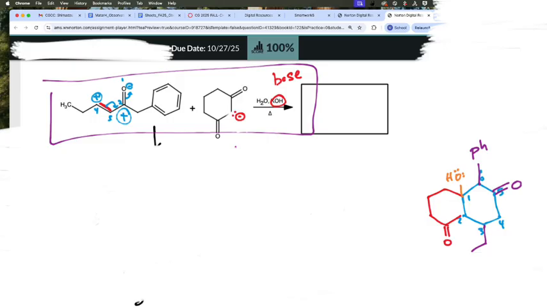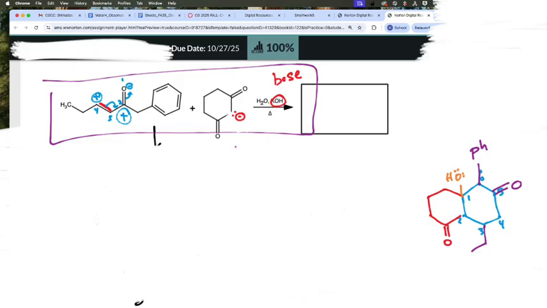When we talk through the aldol chemistry, typically we don't end with the aldol product. Instead, what do we end with? An elimination. And that elimination has a lot to do with the fact that there are still alpha hydrogens that are acidic.